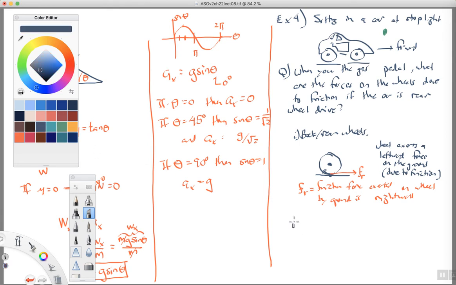Now, what about the force on the front wheels? What is the force exerted by the ground on the front wheels? So what happens? So here's the picture of the front wheel. Now I already said that this is a rear wheel drive car. So this rear wheel is trying to spin in this direction, okay? But the front wheel is not trying to spin due to the action of the engine.